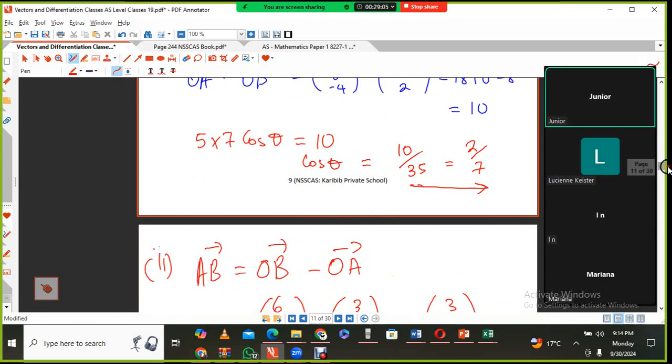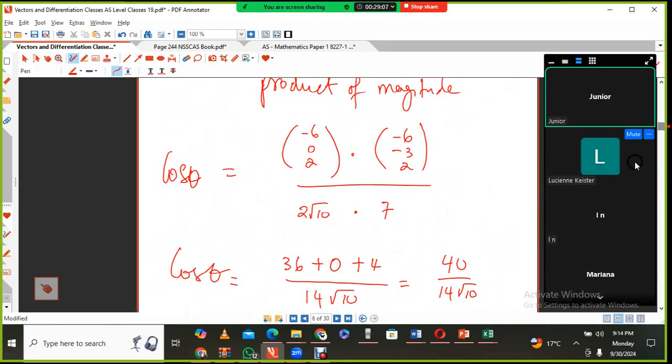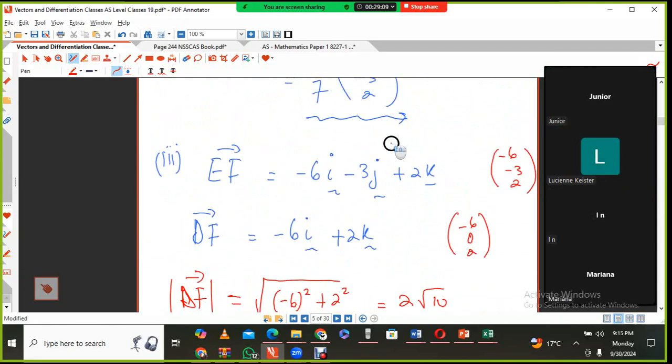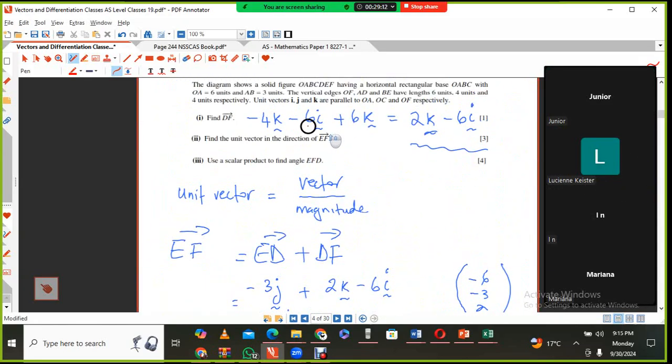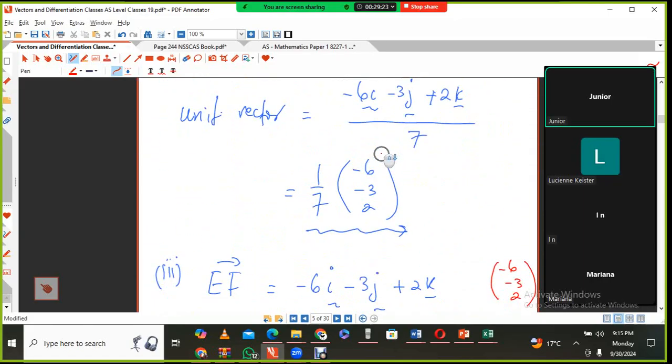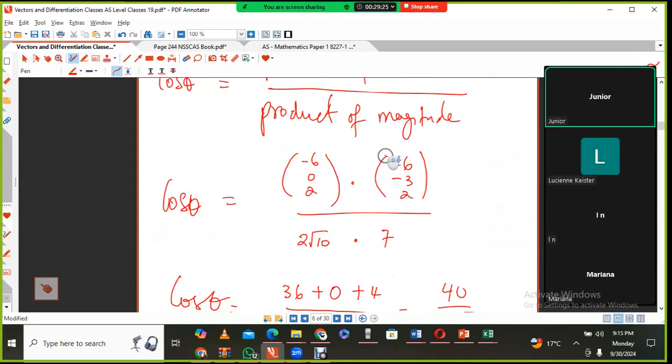While this other question asked us to use a scalar product to find angle EFD. Is that clear? Yes, sir. So just make sure that you don't mix up the two instructions.